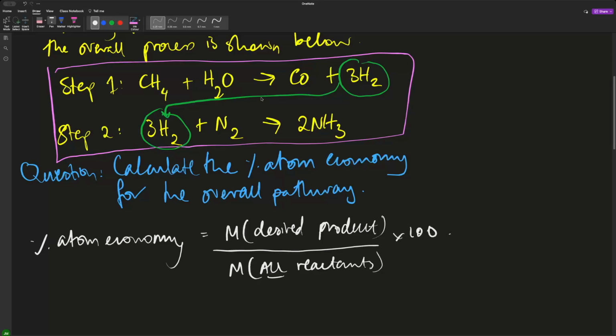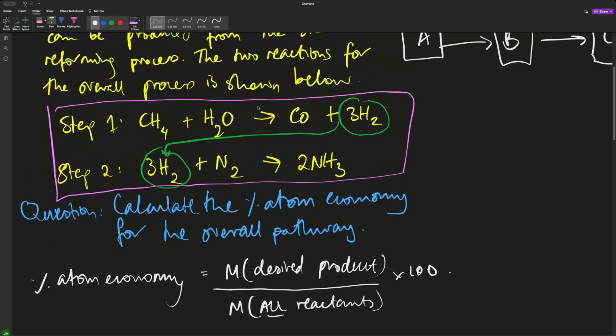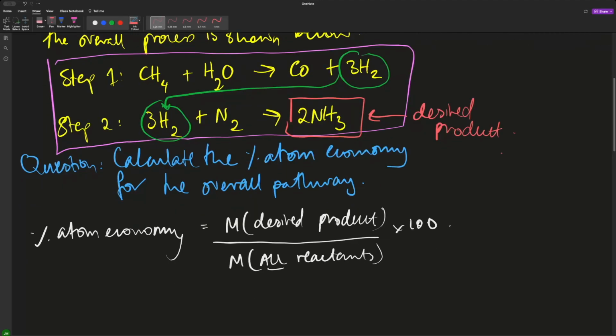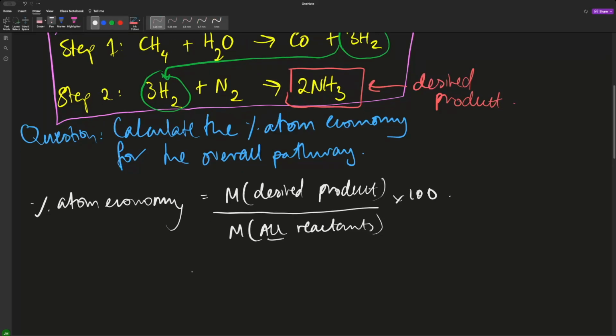Now let's look at this process. Our desired product is simple. We can easily identify the desired product, and so we can easily calculate the molar mass of that.